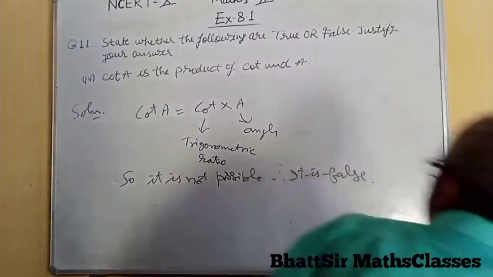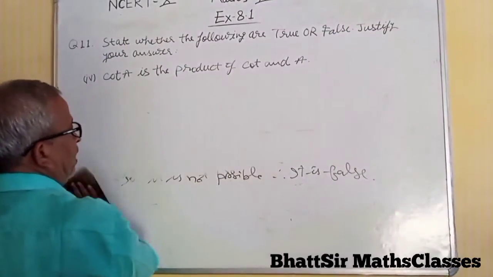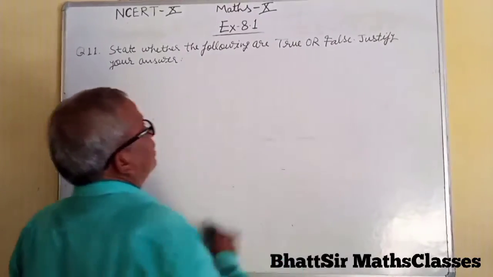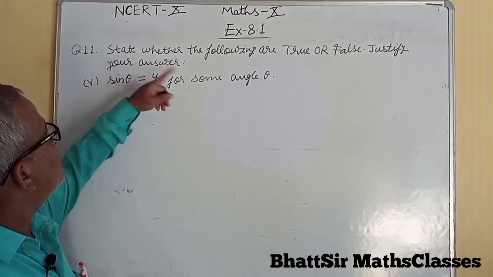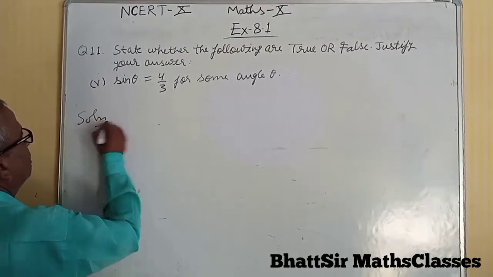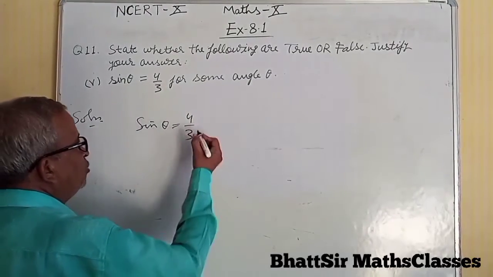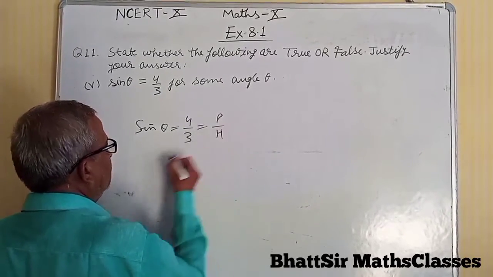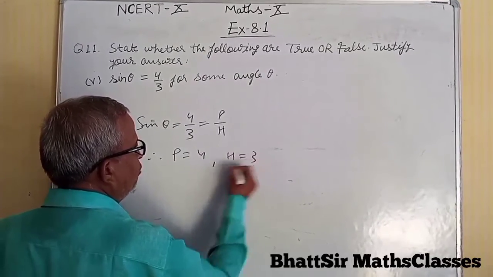Now I am attending fifth part of question number 11 of exercise 8.1 NCERT 10th standard. I am giving a solution. Sin theta equal to 4/3. But as you know, sin theta equal to perpendicular over hypotenuse. Therefore, perpendicular is 4 and hypotenuse equal to 3.